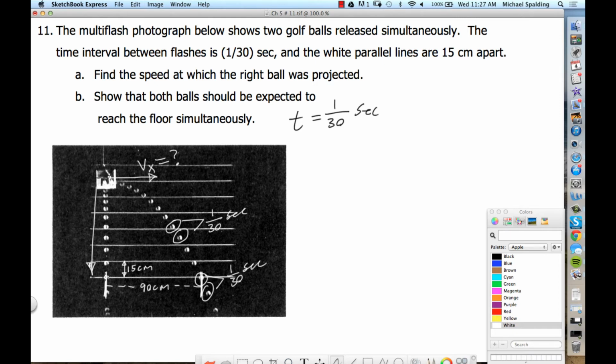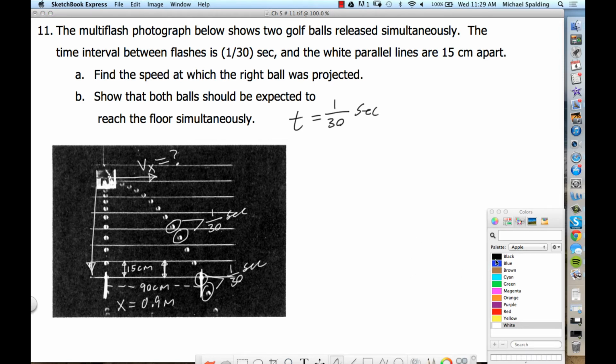Well, basically, this distance from here to here is 6 of these. That's what I figured out. Does that make sense? So what's 6 times 15? 90. And 90, that's 0.9 meters, right? So that's how far the ball that was launched horizontally travels, 0.9 meters.